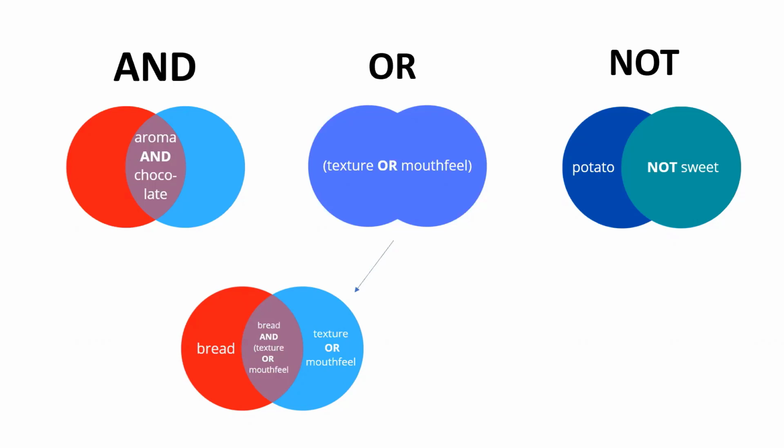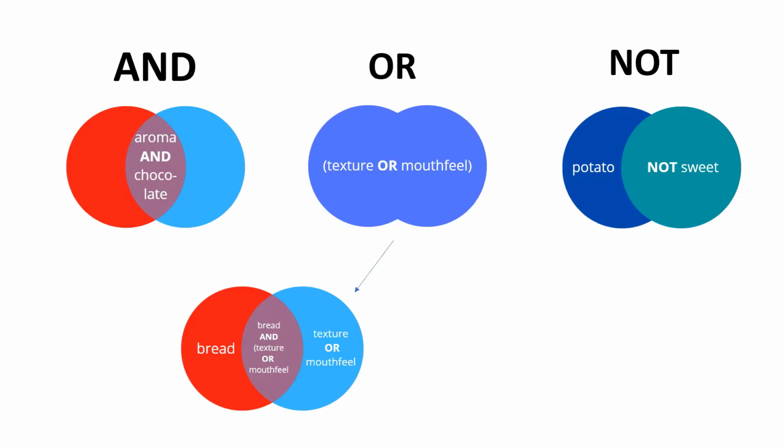So you can see that we've got a Venn diagram there with the red, which can stand for all the results in FSTA that have the word aroma in them. And then on the right side, there's a blue circle that can stand for all the records in FSTA that have the term chocolate in them.